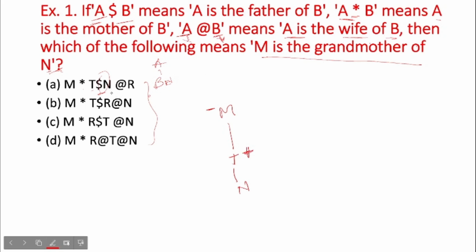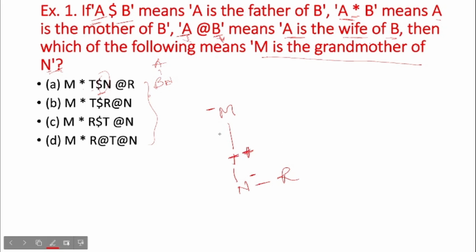Let's finish this option. N at the rate of R. At the rate means wife of, so N is wife of R. So N is a female.